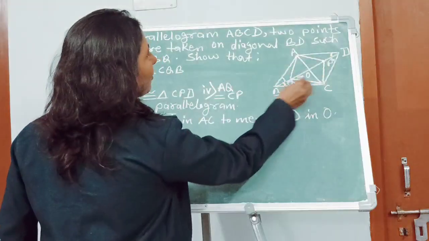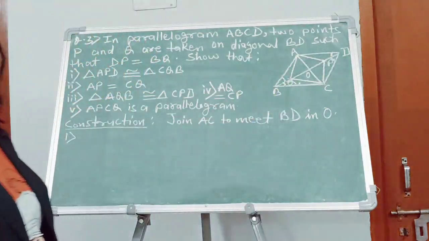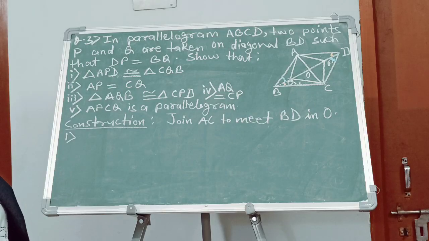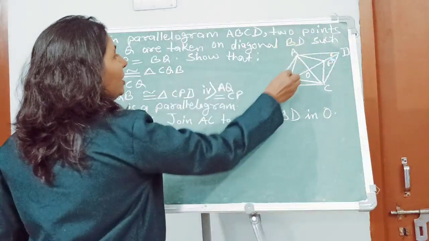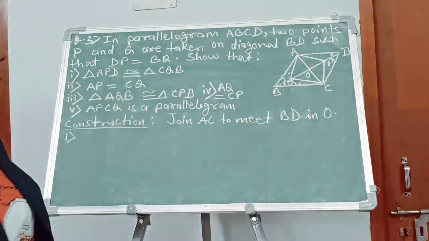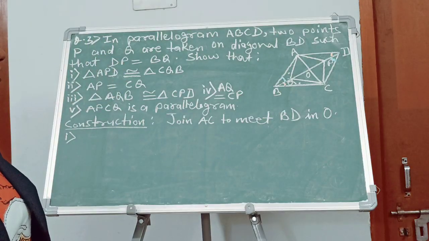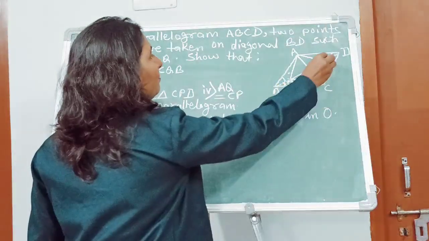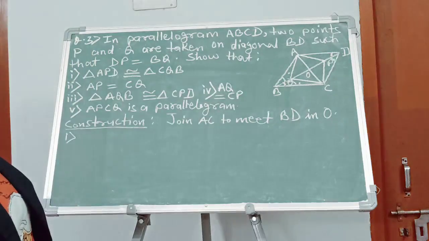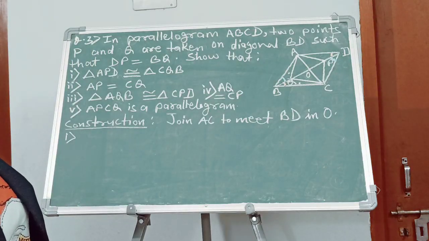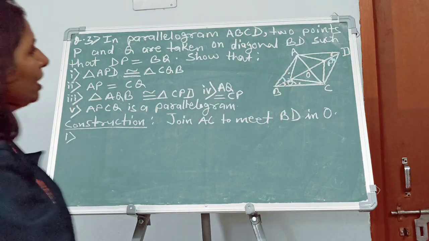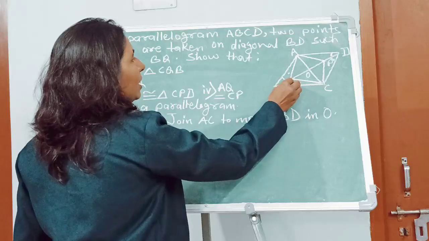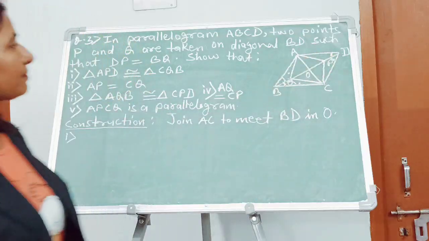Third one, triangle AQB is congruent to triangle CPD. Fourth one, AQ is equal to CP.